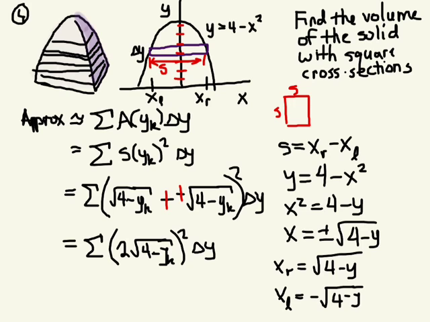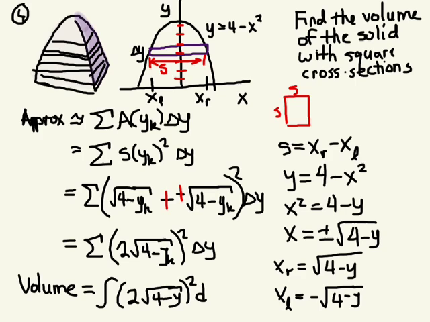So what we'll do is take a limit of this Riemann sum, and the true volume will be an integral of the side squared, 2 times the square root of 4 minus y, all squared, and the partition delta y gets turned into the infinitesimal dy.